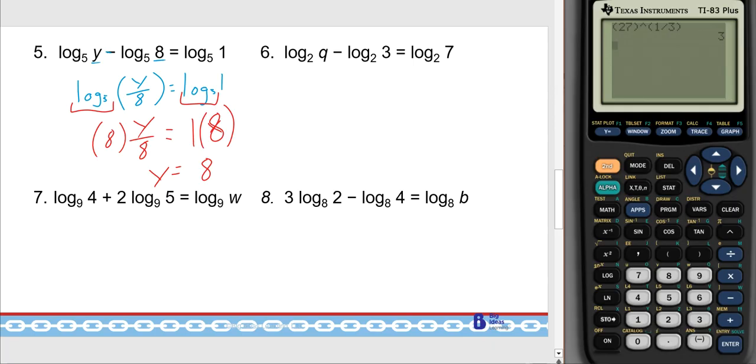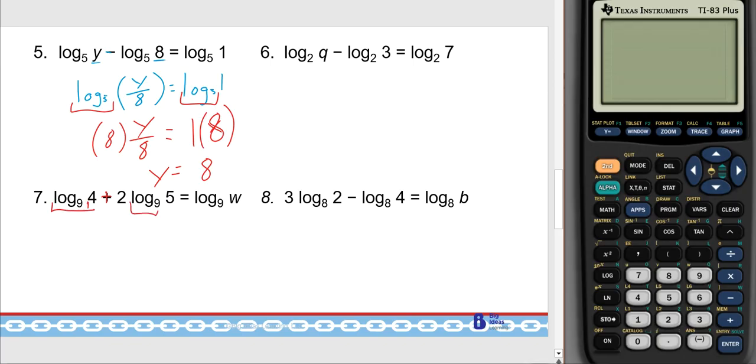And number 6 will be solved in the same way using that quotient property. 7 and 8, right? On this one we see addition. So that's going to be the product property. However, I have log 9 here, and I have log 9.